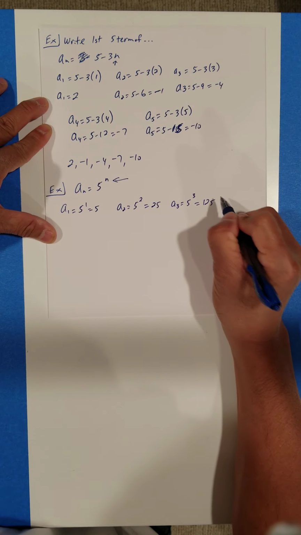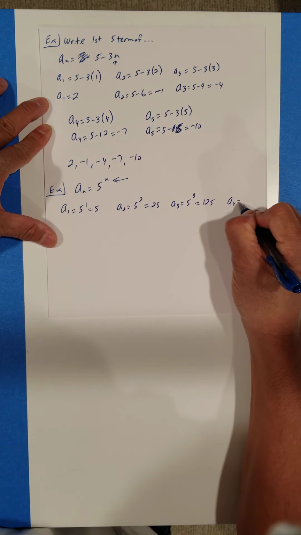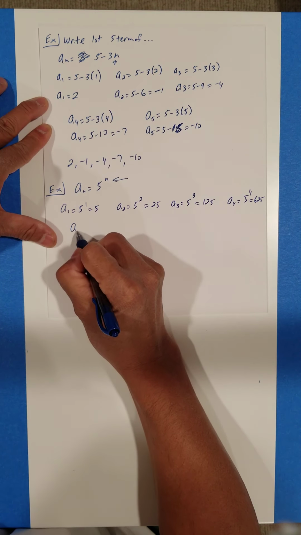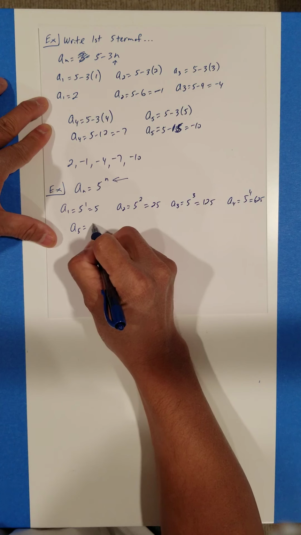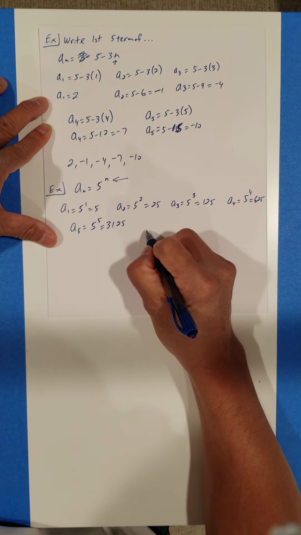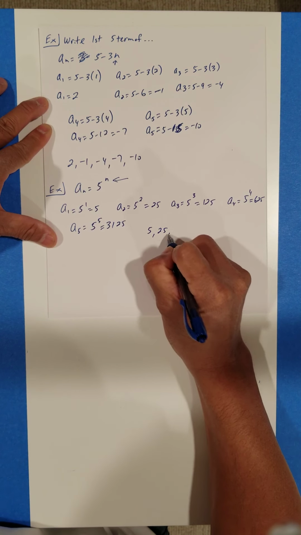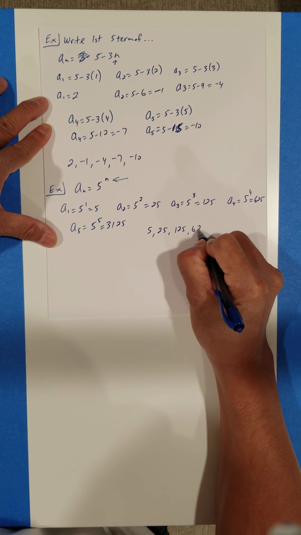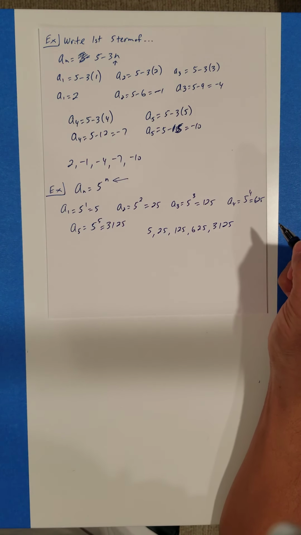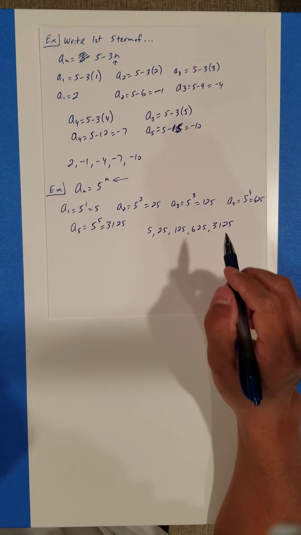So 125. A4 is 5 to the fourth, 625. And then a5 is 5 to the fifth, 3,125. So my first 5 terms are 5, 25, 125, 625, and 3,125. When they want terms, that's all you have to do.